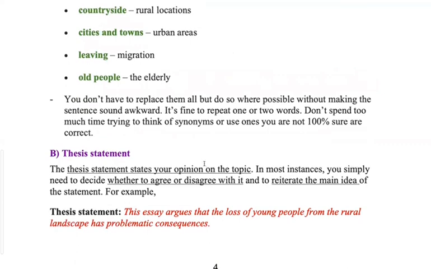You don't have to replace all the words, but do so where possible without making the sentence sound awkward. You don't need to change every single word, but you can do this as much as you can. It is fine to repeat one or two words.